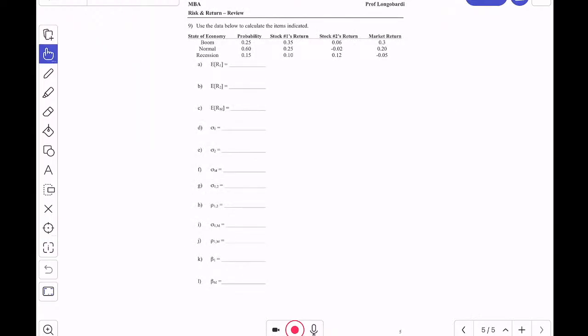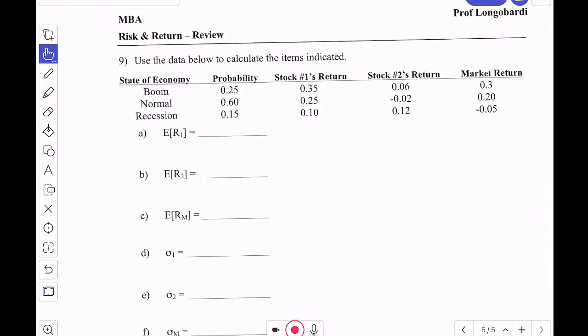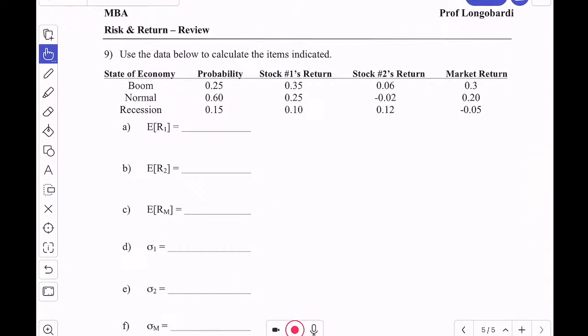And then here I ask you to calculate probabilities for these returns. Now you need some more information to do this, so that's what we're going to do next. Notice this is ex ante data because I give you the probabilities and states of the world and returns on three things: stock 1, stock 2, and the market return.